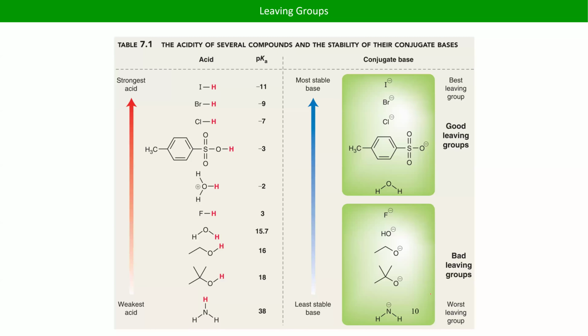So basically, oxygen is not a great leaving group. It means they're pretty good nucleophiles, pretty strong bases. But our least stable base, our strongest base, and our worst leaving group is when we switch to nitrogen, not even oxygen at all. So the halogens were all really good at being leaving groups. Oxygens are bad leaving groups, and the worst leaving group is nitrogen. A bad leaving group is a good nucleophile.